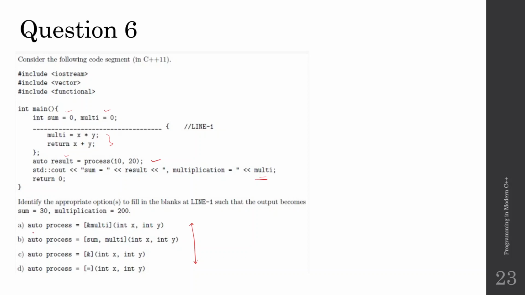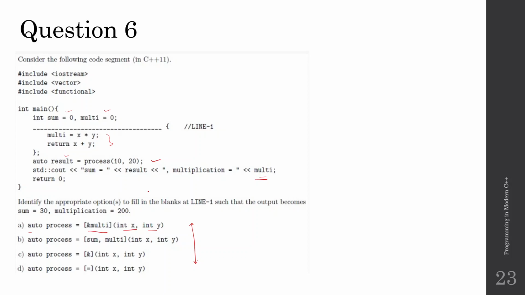The first one is auto process equal to ampersand multi int x, y. In this case, the lambda function accepts two arguments x and y, and in the capture list it has ampersand multi.